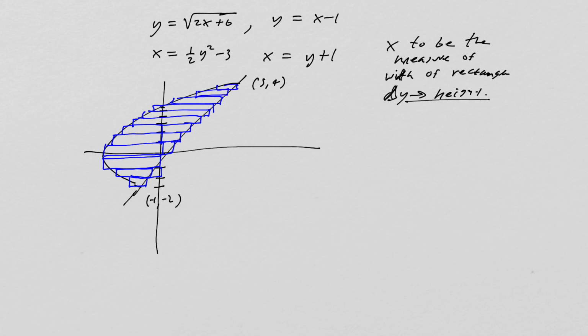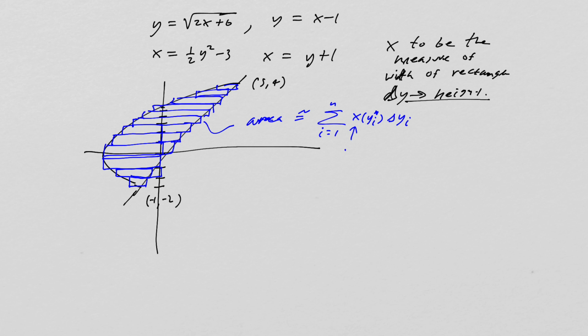So there's all our rectangles there. And then our area is we're going to sum, with i going from 1 to n, an x of yi star times delta yi, okay?